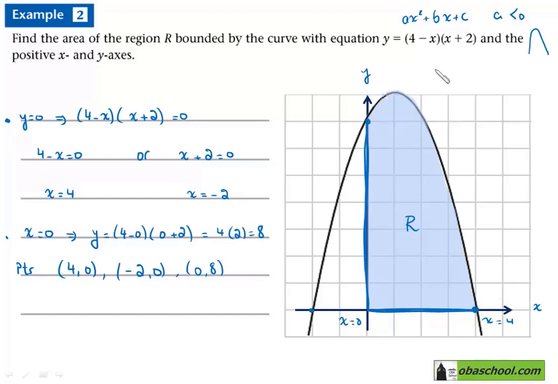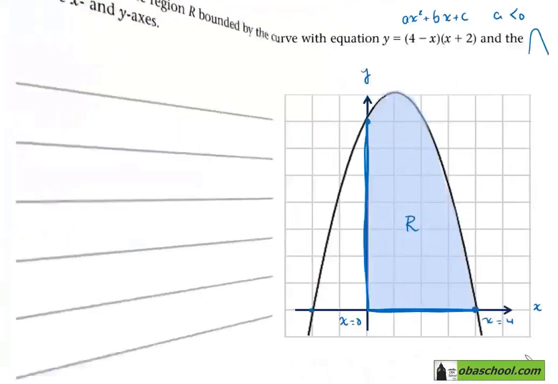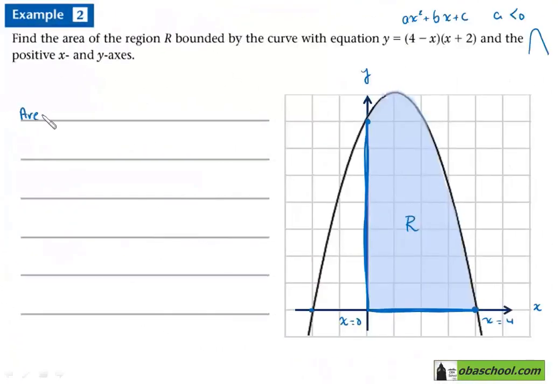Now we need to express the area. Area of the region R is integral y dx, where the values of x start at 0 and end at 4. So, integral from 0 to 4 for the function (4 minus x) times (x plus 2) dx.